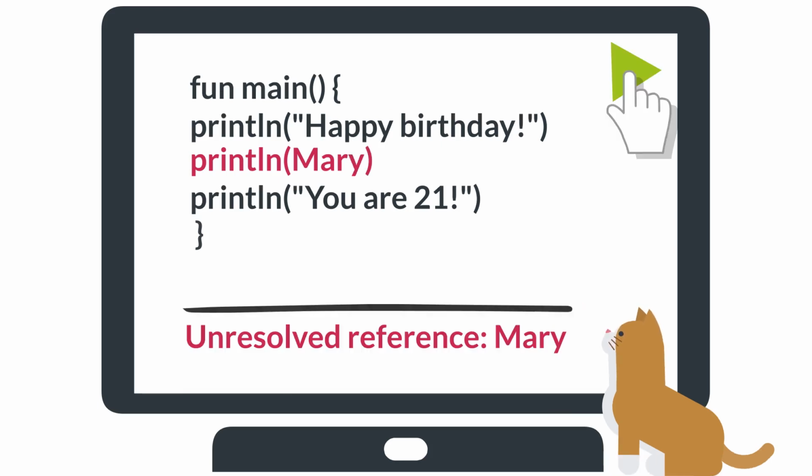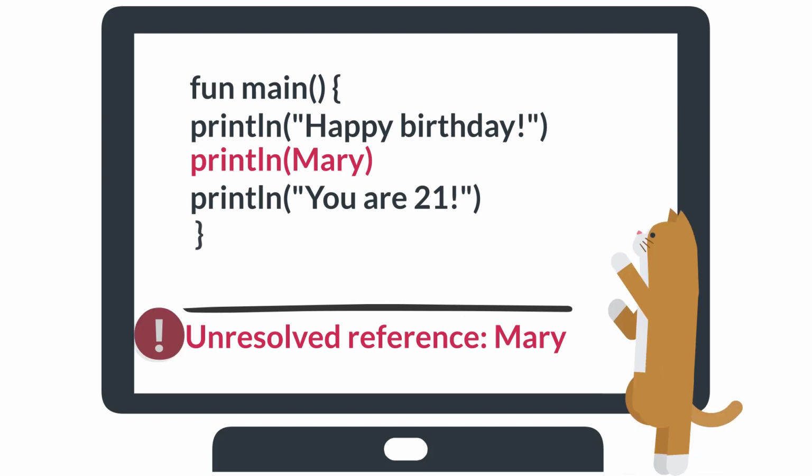Run your program. You should see Mary printed in red, and the exclamation mark next to the line of code you changed, to tell you what is wrong. 3. The message, unresolved reference, Mary, tells you what the system thinks is an error in the code. Because the text Mary does not have quotation marks, it is an error.